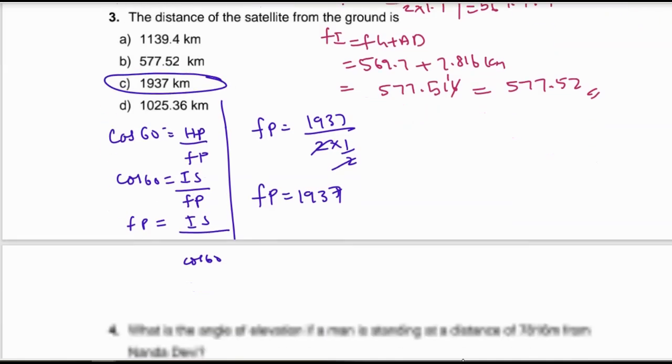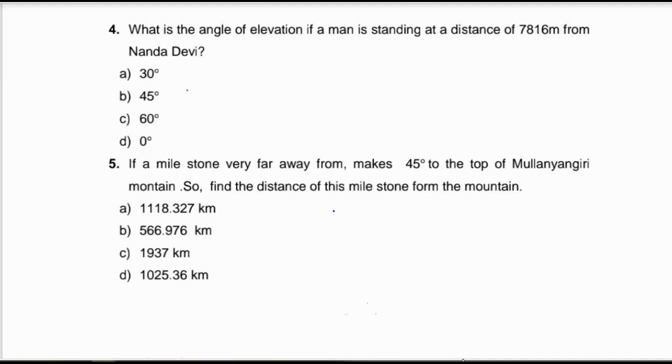Then moving on with the next one: what is the angle of elevation if the man is standing at a distance of 7,816 meters. We have to find tan theta, which will be height of the mountain divided by distance of the mountain.